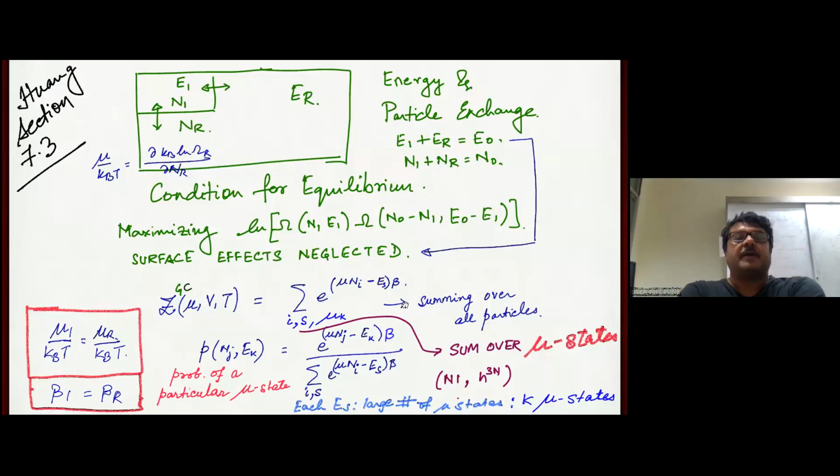What we have been discussing till now is the canonical ensemble, in which you have a system with N particles fixed in volume V, in contact with a reservoir, and there is energy exchange with the reservoir.